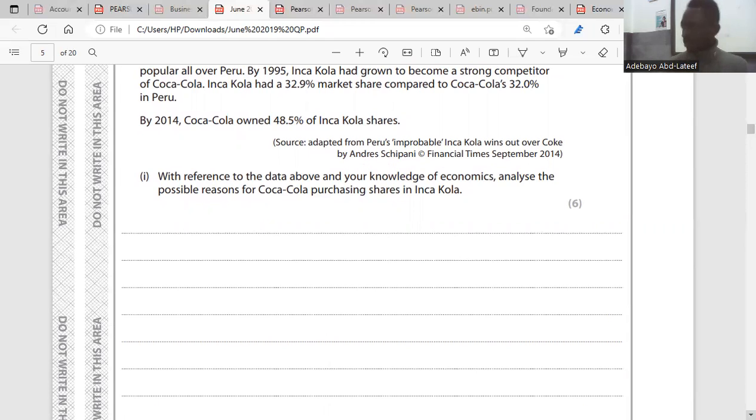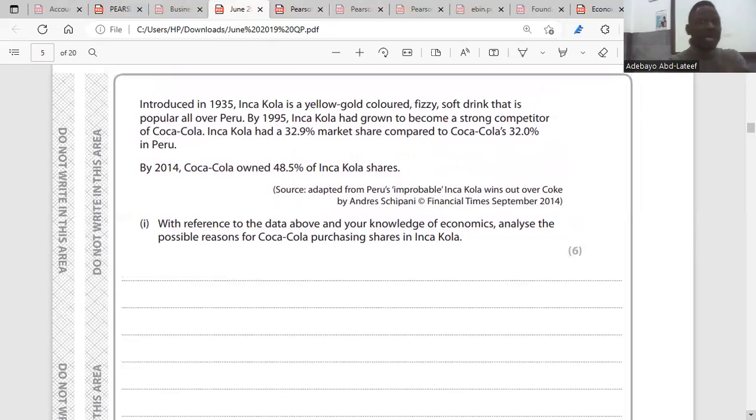Yes or no? Another reason is that Inca Cola has a slightly higher market share than Coca-Cola, which makes Inca Cola more investment attractive.